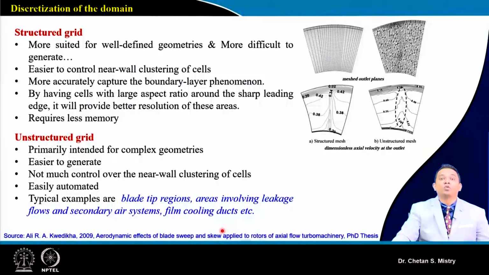Now there are two possibilities we have discussed: structured mesh and unstructured mesh, or structured grid and unstructured grid. Structured is most suited for well defined geometry and is more difficult to generate.